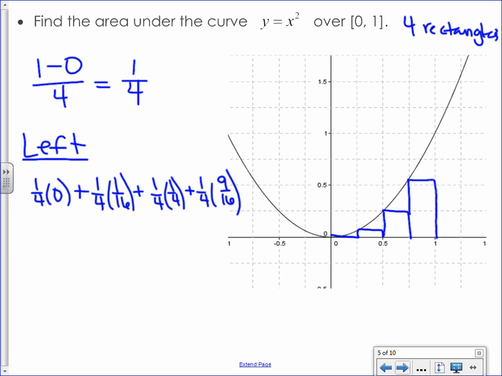Crunch this in your calculator, but I want it as a fraction. Actually, I want it as both.